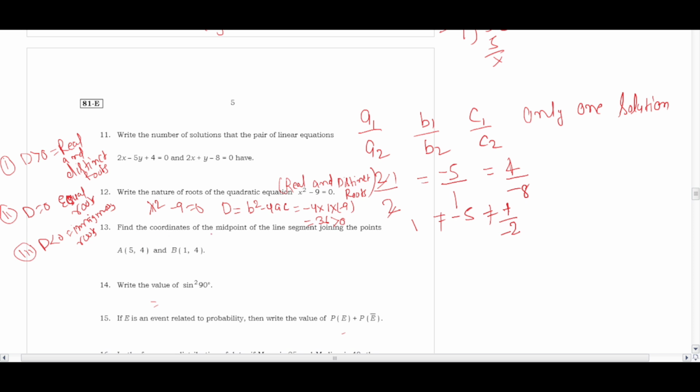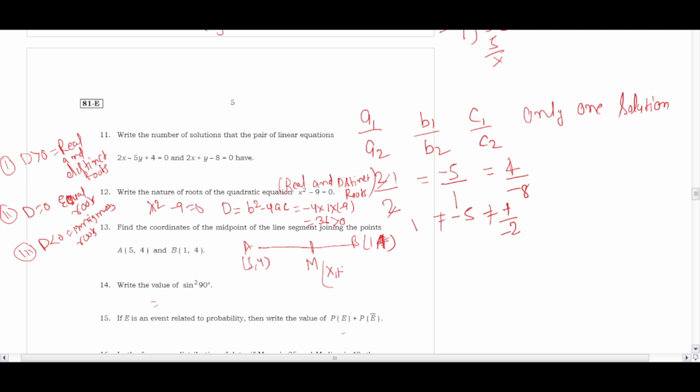Next, 13 number question. Find the coordinates of the midpoint of the line segment joining the points. Here point A is given, and B point is given 1, 4, and here A is given 5 and 4. You join these two points and here is the midpoint.